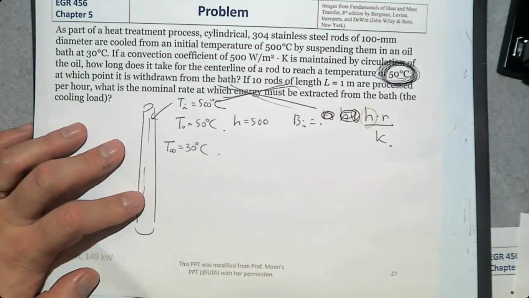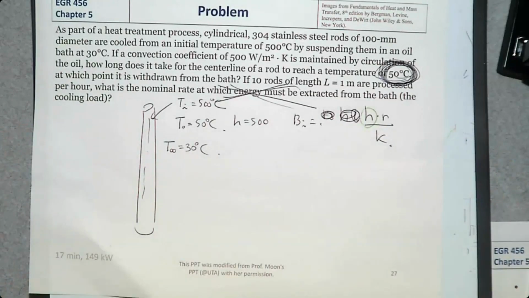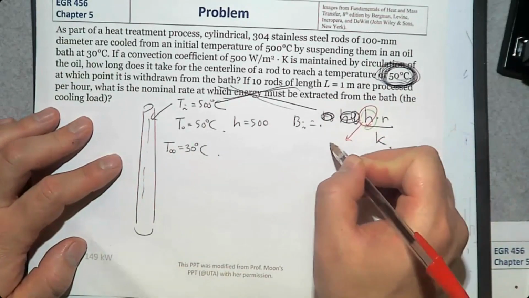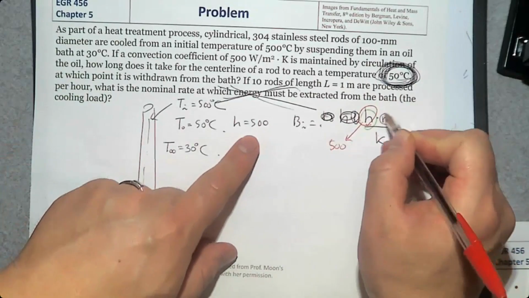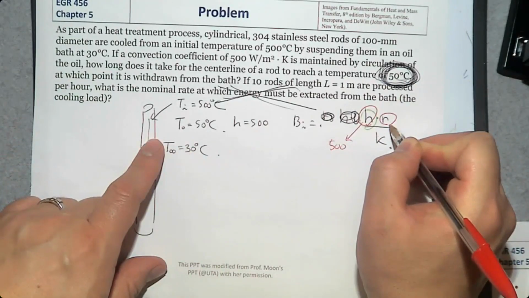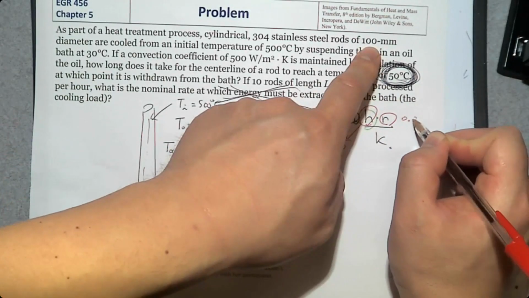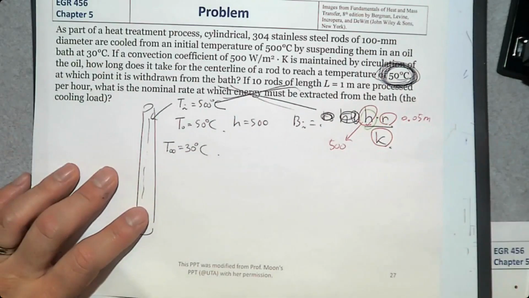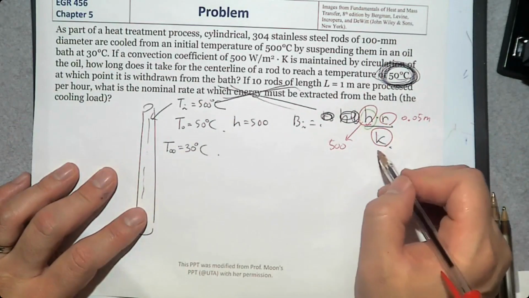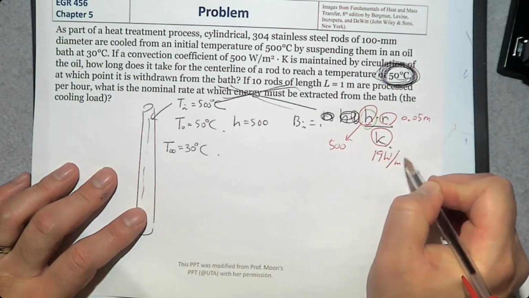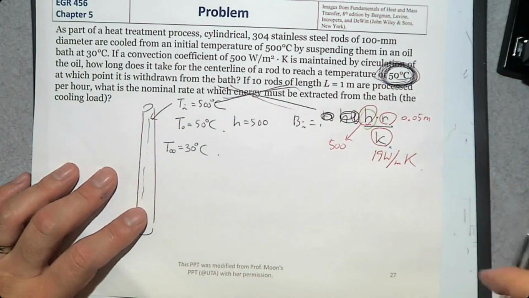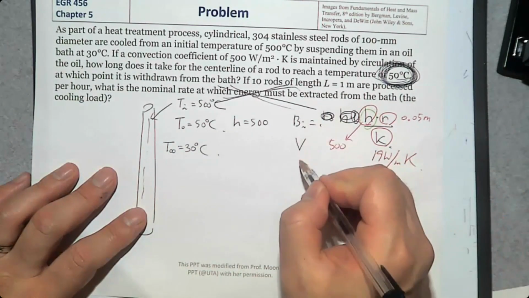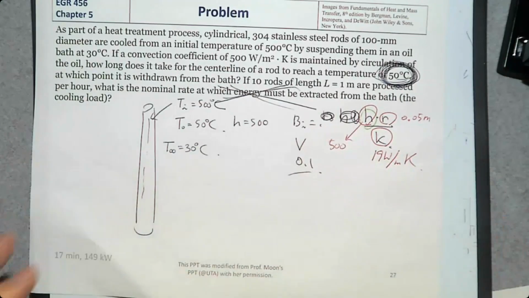What is h? 500. What is r? 0.05. What is thermal conductivity? Oh, it's not given. Let me give you the thermal conductivity. It's 19 watts per meter Kelvin. If you do the calculation, this Biot number is greater than 0.1. So not lumped.